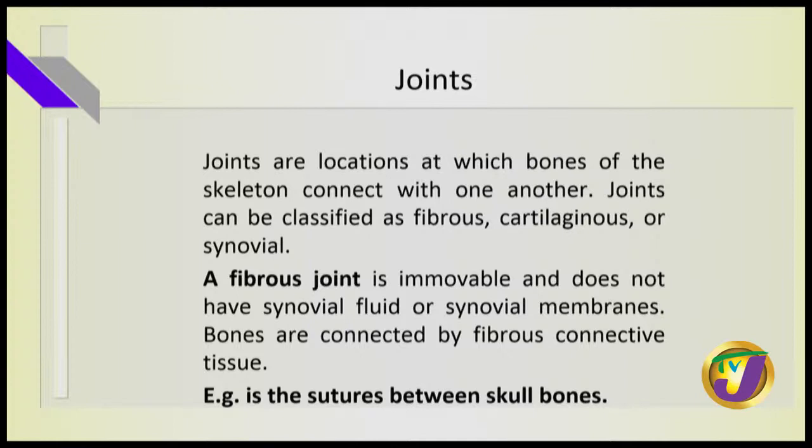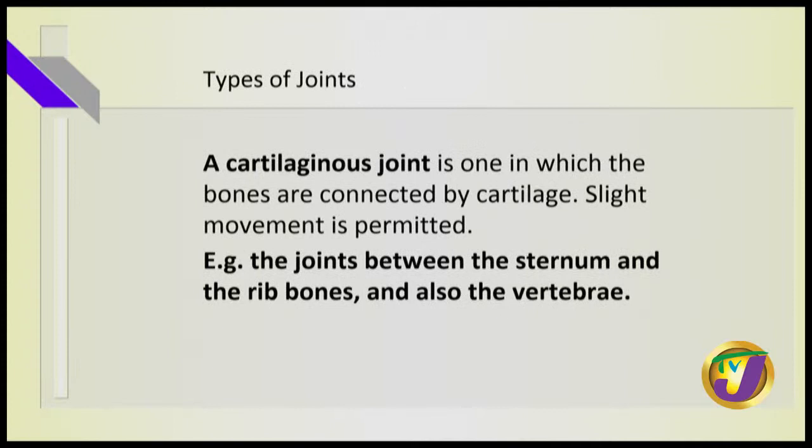Like the sutures in the cranium, those are called fibrous joints, so they are fixed joints. Then you have cartilaginous joints, which are found in your vertebrae. They permit a small amount of movement, so they are partially movable joints.